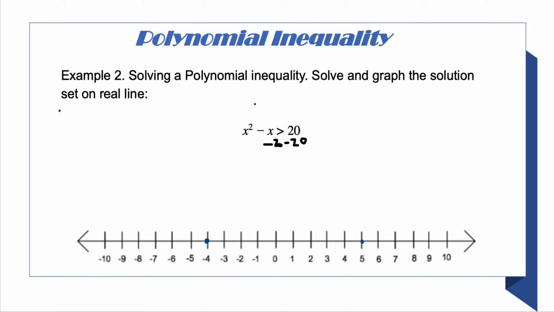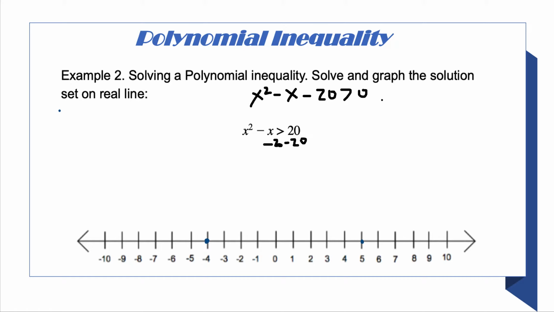And when I am adding minus 20 on this side, x squared minus x minus 20 is greater than 0, because plus 20 minus 20 is 0. So I end up with this number here.